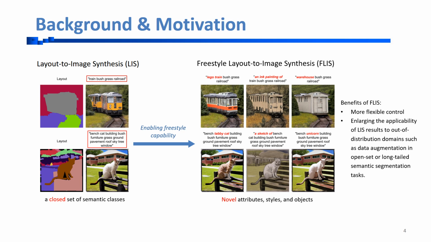First, the freestyle property breaks the in-distribution limit of LIS, enabling more flexible control over the synthesized images. Second, it has a high potential to enlarge the applicability of LIS results to out-of-distribution domains such as data augmentation in open-set or long-tailed semantic segmentation tasks.